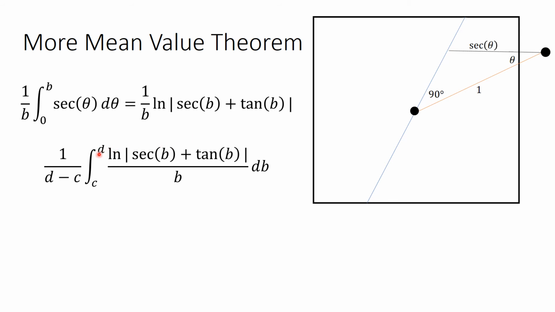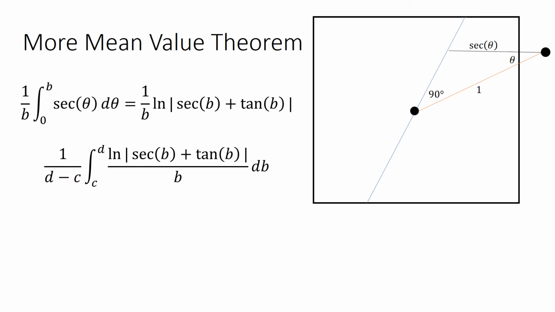So now we're going to have to integrate again, because we're going to be taking an average value for the maximum value of this angle. And we're calling the maximum value of this angle b, just because that's the upper bound of this integral here. We'll just call d and c, and find d and c later.